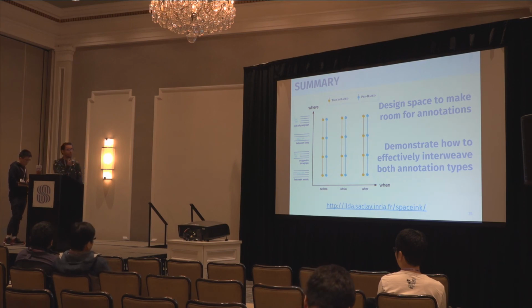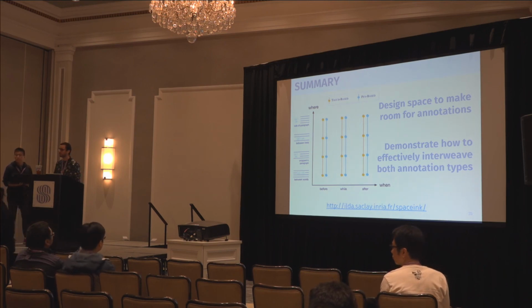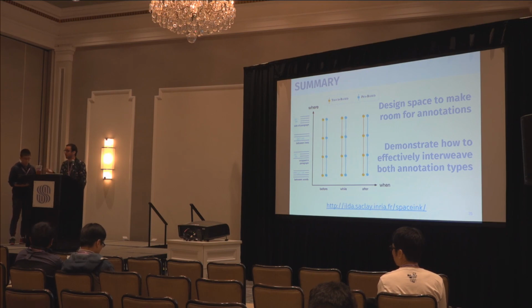So if you write a text of 1,000 words, it just expands the text as long as you write. Basically, you mess up the whole document layout, but you have space to write. So we have to find a kind of trade-off between moving the document content and making space for annotations. Okay, thank you very much, Hugo.